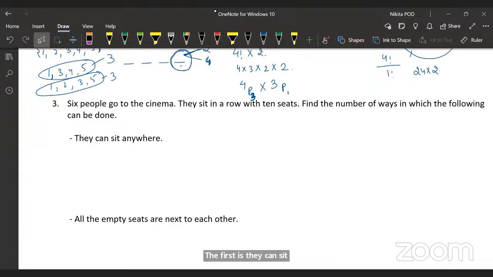So we have 10p3, ma'am. 10p6. Yes, ma'am, 10p6. There are 1, 2, 3, 4, 5, 6, 7, 8, 9, 10 seats, and we have 6 people.